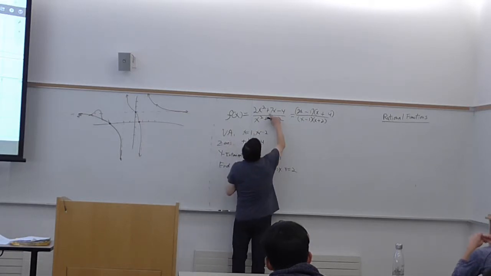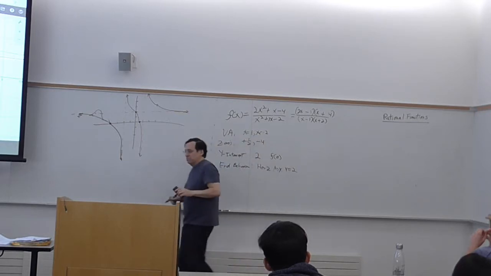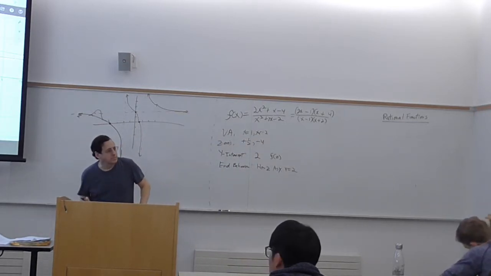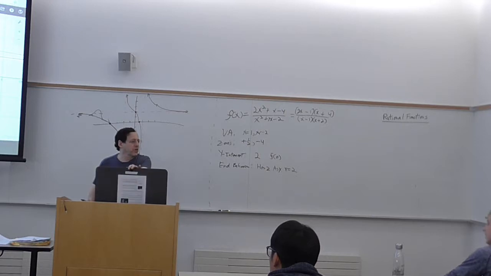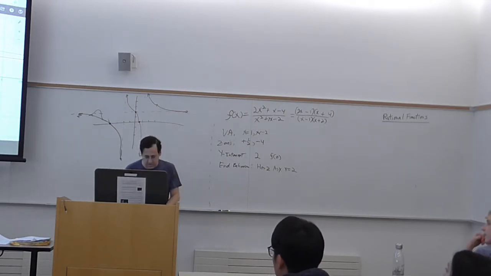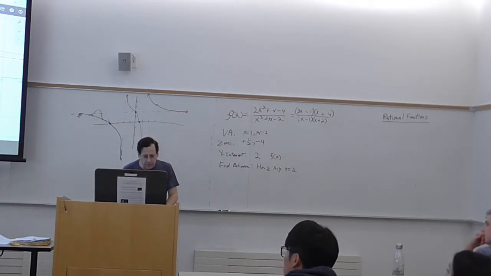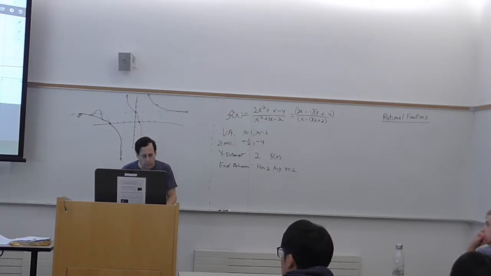I think if we switch this around, this is a guess. We're gonna experiment here, right? Let's see what happens. Well, we lost our horizontal asymptote. Why is that?